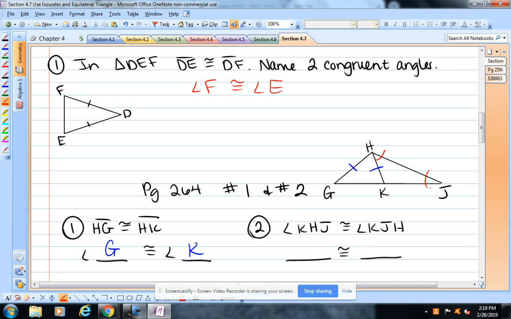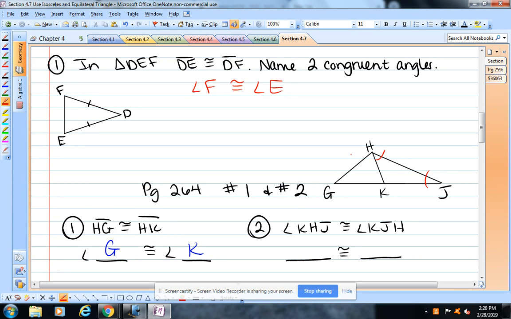So what two sides would make these two the base angles of an isosceles triangle? Which sides would be congruent if those two are the base angles? I'm going to erase the blue stuff to keep us from being confused. So we're not using this left side triangle, right? We're using this triangle. Which two sides of that triangle would have to be congruent for those to be the base angles?